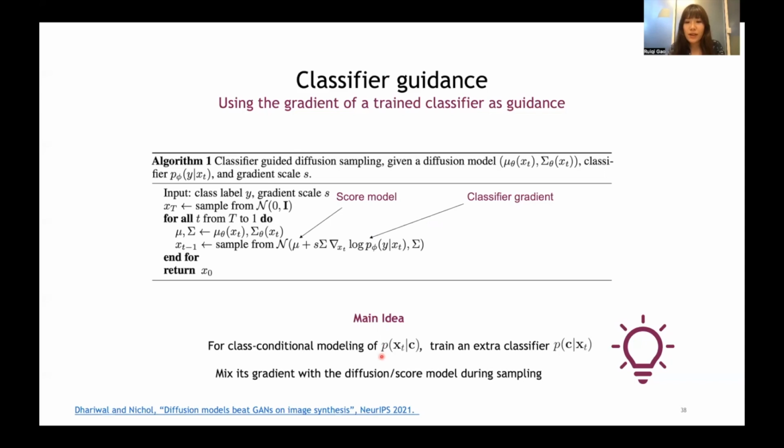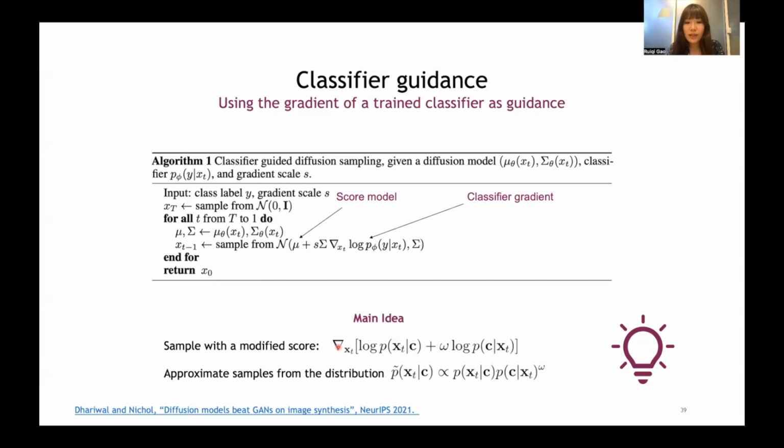And right now, because we incorporate the class condition, the diffusion model actually gives us a score of a class conditional model p(xt given C). Given this, we can train an additional classifier, which gives us the probability of C given x. And then we mix the gradients of these two models during sampling.